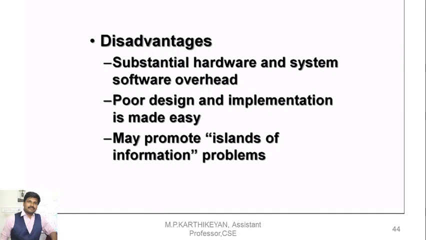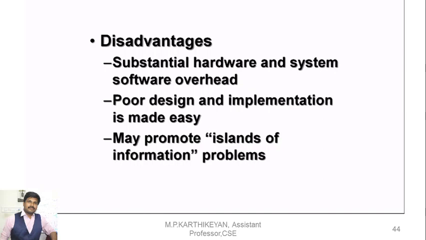And it may promote the island of information problem. Island of information in the sense, an island is not connected to any other land particles, right? It doesn't connect to any other land, so it is surrounded by water only. Similarly, a table which is not connected to any other table, or not related to any other table, is called an island of information.